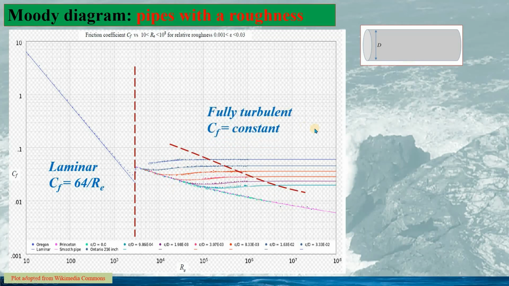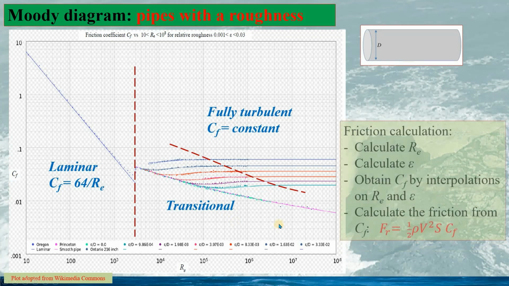And for the fully turbulent flow, the friction coefficient CF would be constant, but for different roughness, we have different curves here. And for transitional flow, we can see the changes of the friction coefficient.